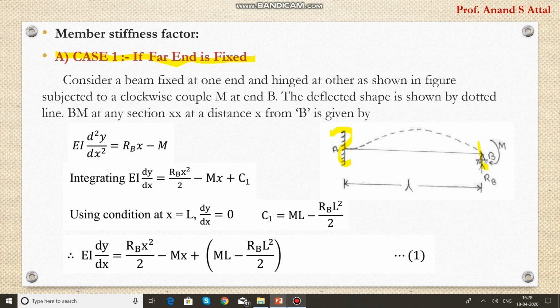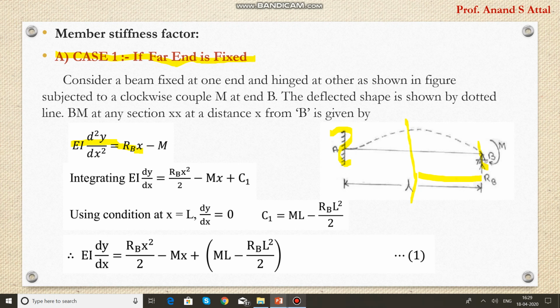The deflected shape is shown in a dotted line. Let us take a section XX at a distance x from B. We write the moment equation as EI d2y/dx2 = RB x minus M. Integrating, EI dy/dx = RB x²/2 minus Mx plus C1.